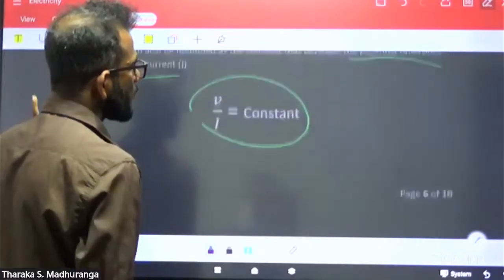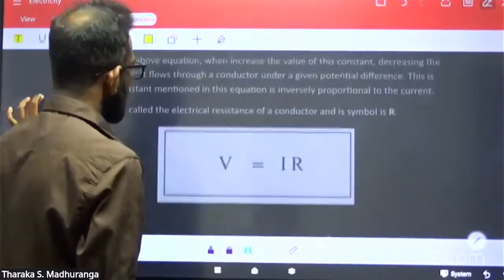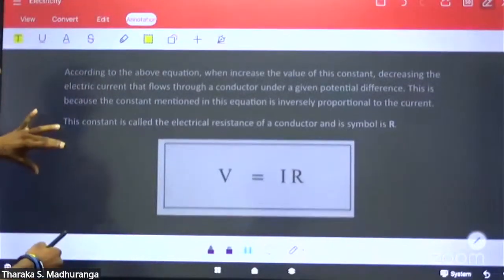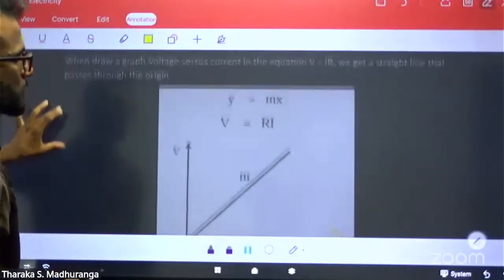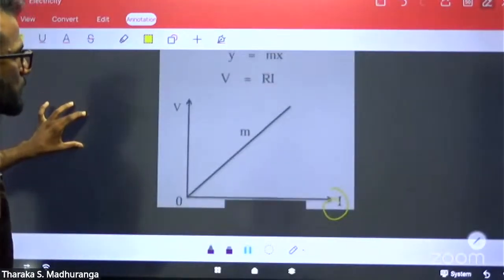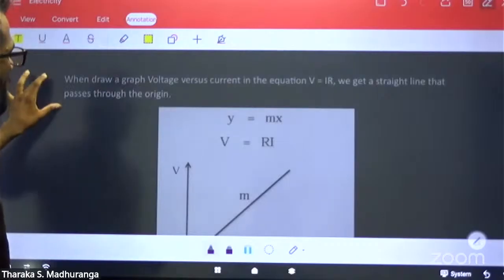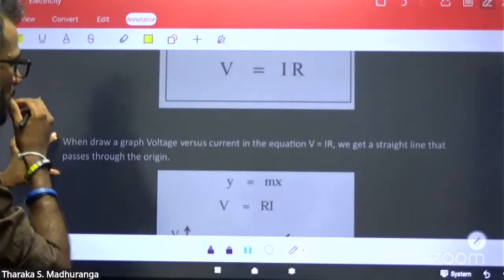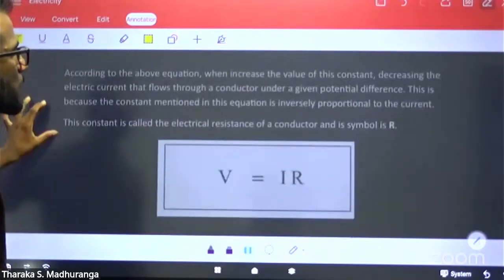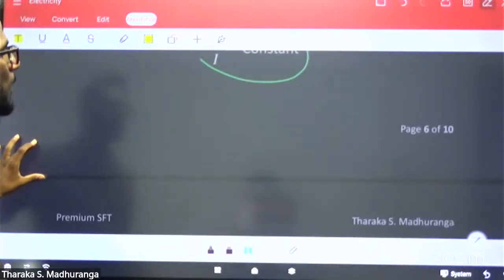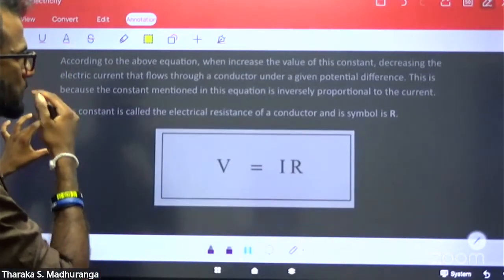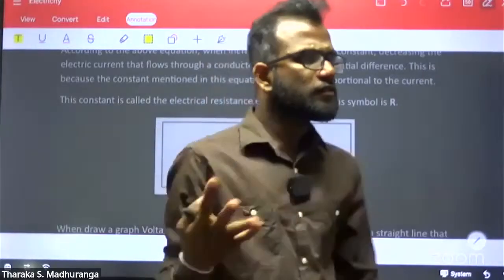That's another form in which we can explain Ohm's law.